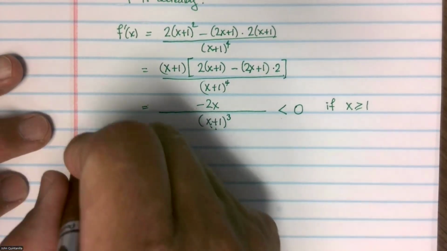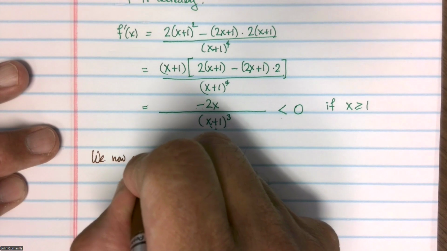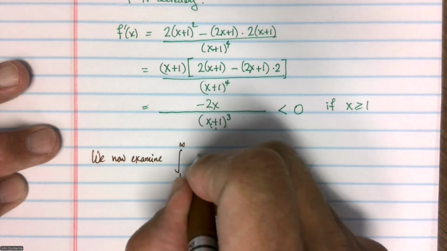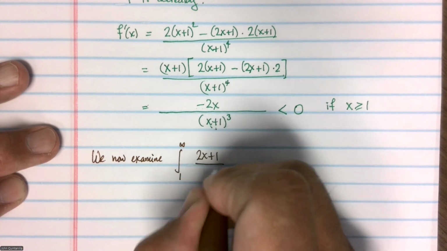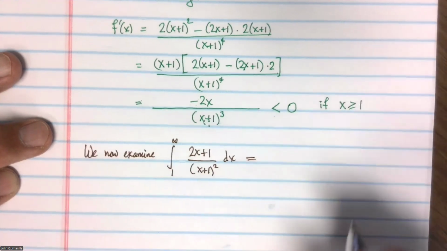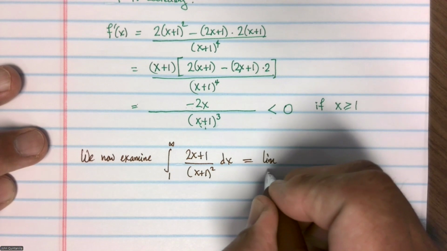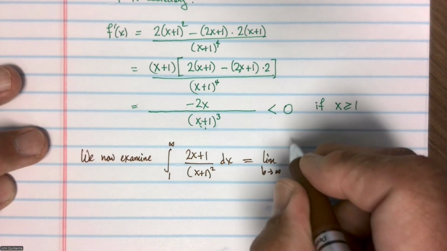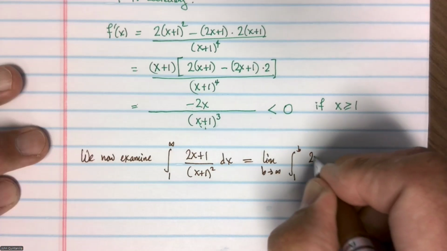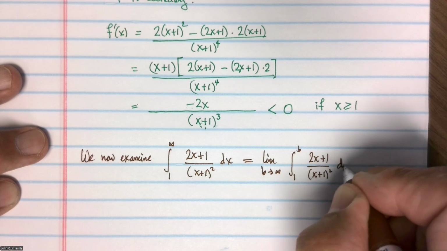So we now examine the integral from 1 to infinity of 2x plus 1 over x plus 1 squared dx. And that's equal to the limit as b goes to infinity of the integral from 1 to b of 2x plus 1 over x plus 1 squared dx.